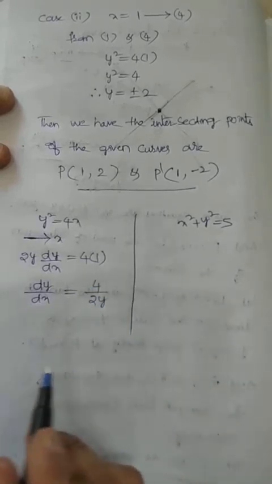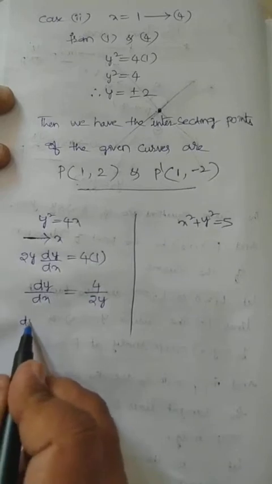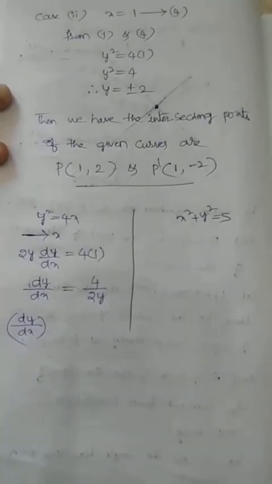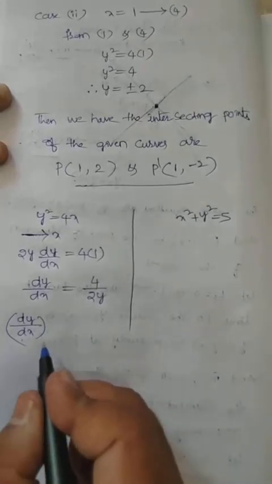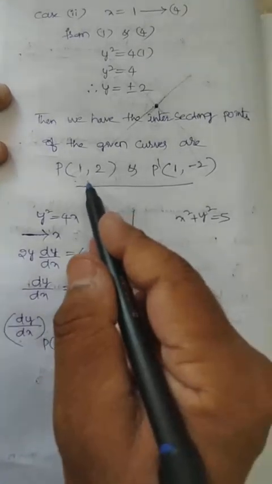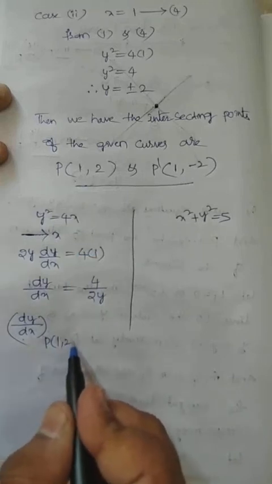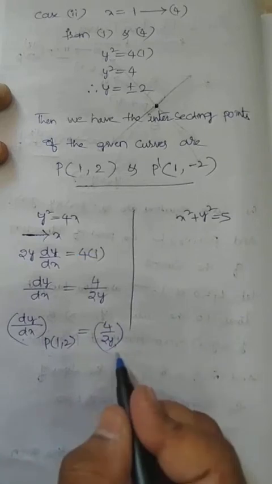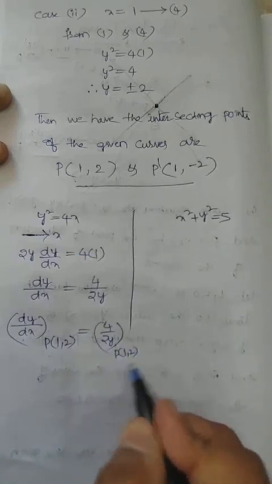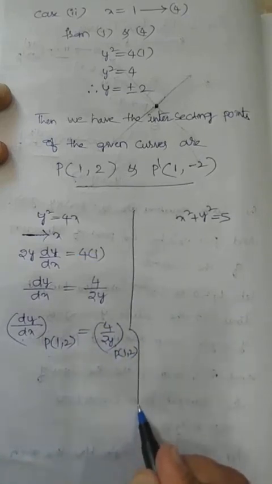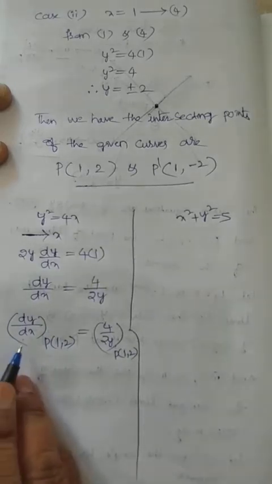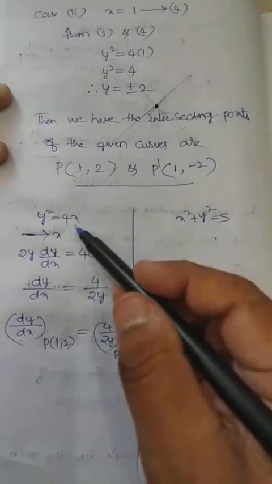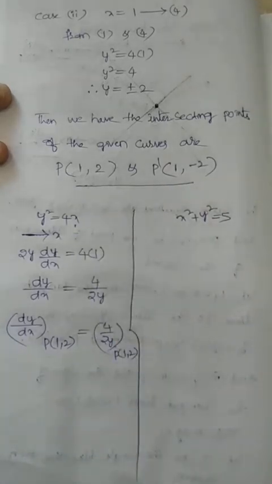Now at which point am I going to find dy by dx? At P of 1 comma 2. So dy by dx at P of 1 comma 2 equals 4 by 2y at the point P of 1 comma 2. It is none other than the slope of the tangent line to this curve at the point P of 1 comma 2.